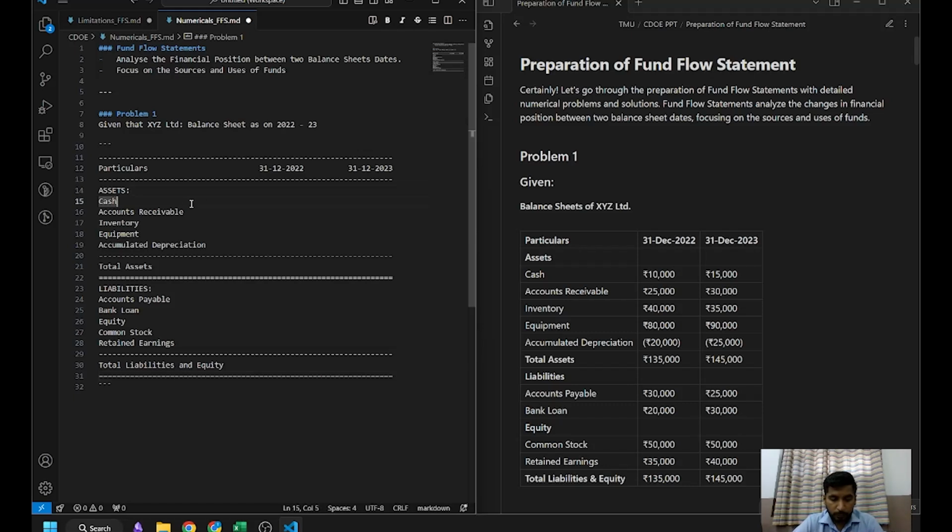So, cash as on 31st December 2022 is 10,000. And for the next year, it is 15,000. Accounts receivable are rupees 25,000 for 22 and 30,000 for 23.